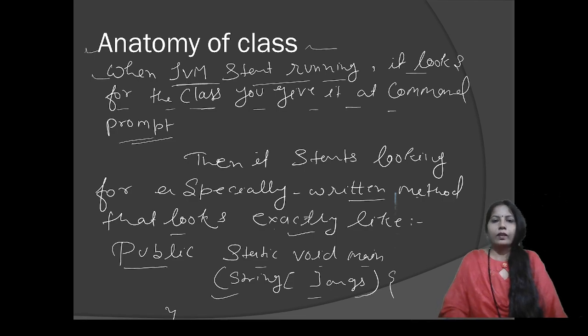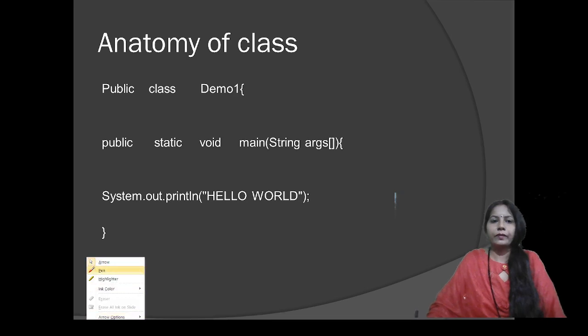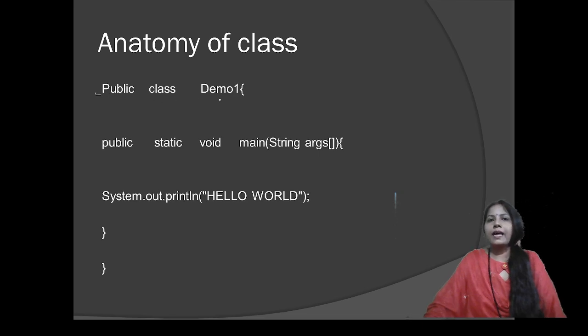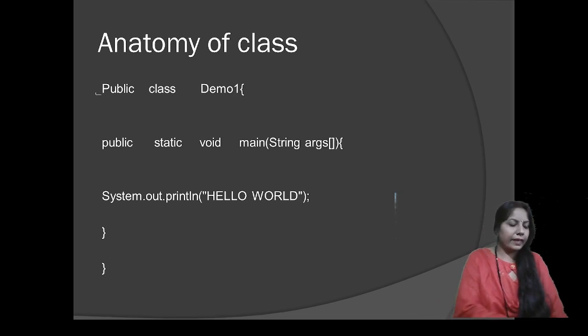So here, I will try to make you understand the purpose of it. Why do we write a statement like public static void main string args? Now focus on this. I have copied the statement, public class demo first, that I write here.